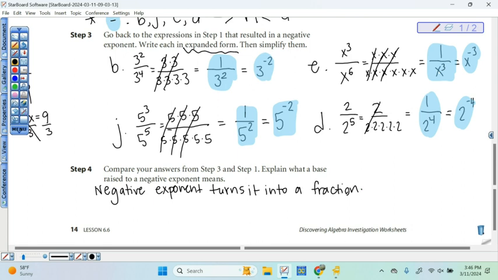Okay, the other way I'm going to explain it is the negative exponent sends the base to the opposite place. And I'll explain what I mean, because these negatives are kind of funky.